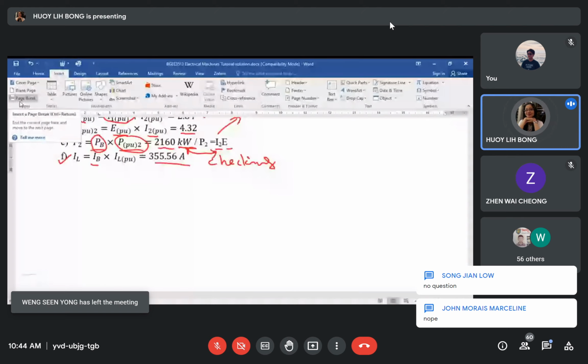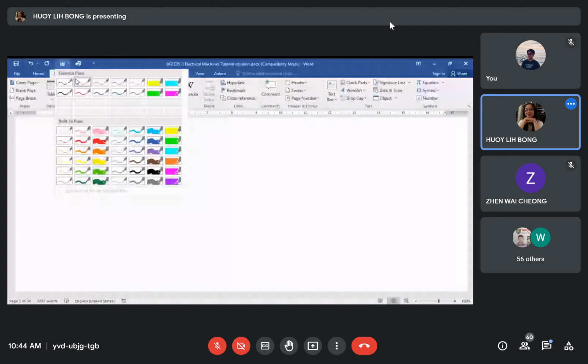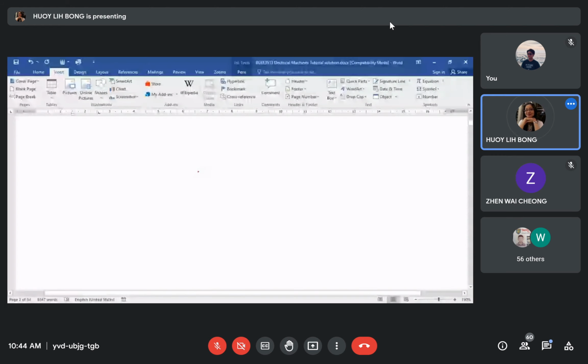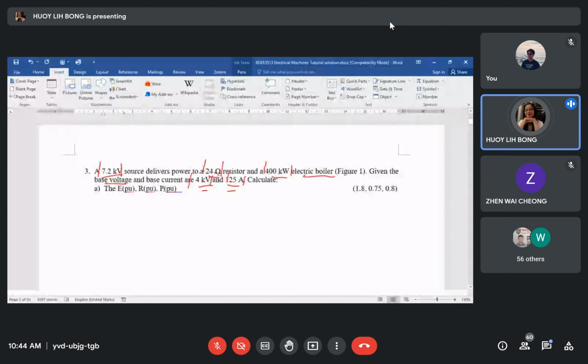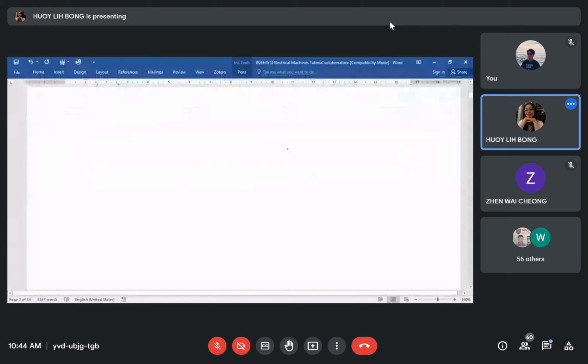Okay, so just now I mentioned the per unit is actually used to plot graphs. How do you want to plot graphs? Let's say a motor.